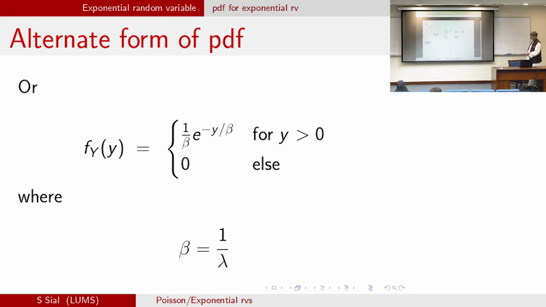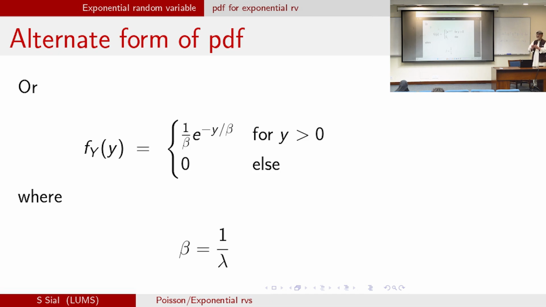Lambda is the number of successes expected in a unit time, in some time interval. We take beta equal to 1 over lambda, and then we would write the PDF for the exponential random variable this way. What do you think beta is? If I've got 5 mosquito bites per hour as my lambda, then what is beta? 1 over lambda.